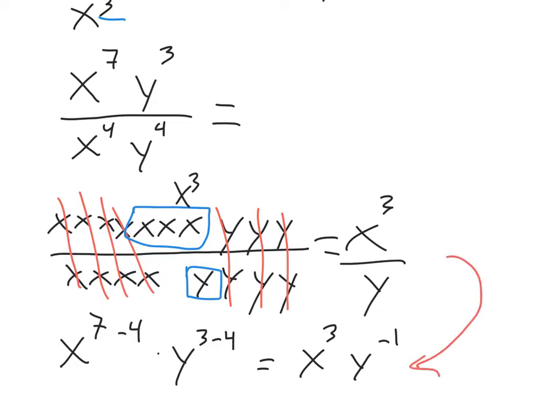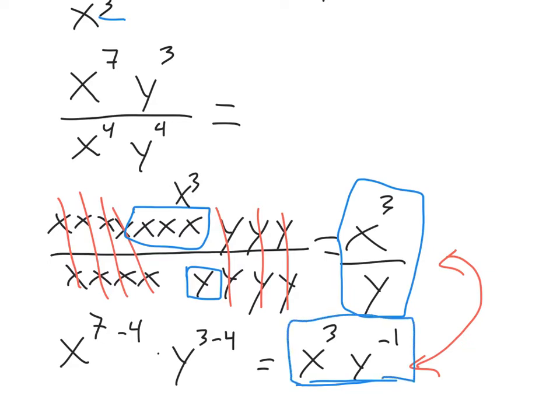These two don't look the same, do they? This one has y on the same side as x, but it has a negative exponent. This one has y on the denominator, but it doesn't have a negative exponent. We're going to see that these two mean the same thing.